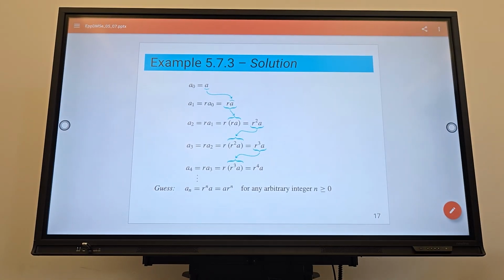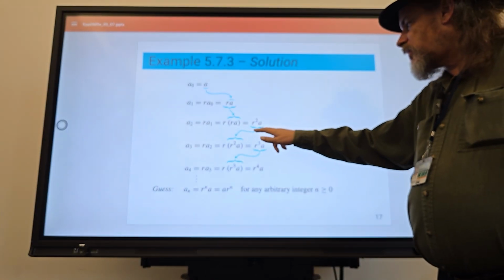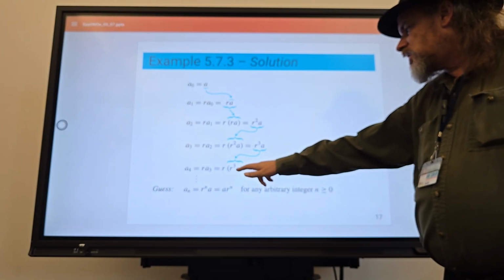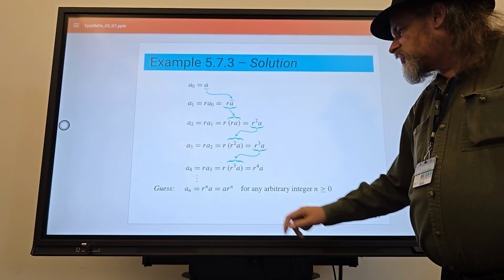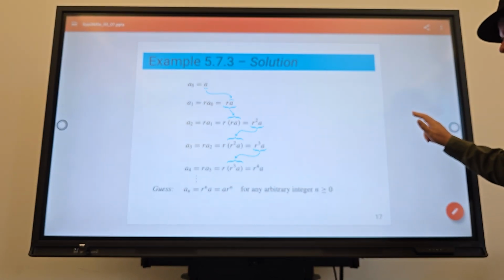By substitution, you see a pattern emerging here. So the guess is that A sub n equals R to the n times A, or A times R to the n for every integer greater than or equal to 0.